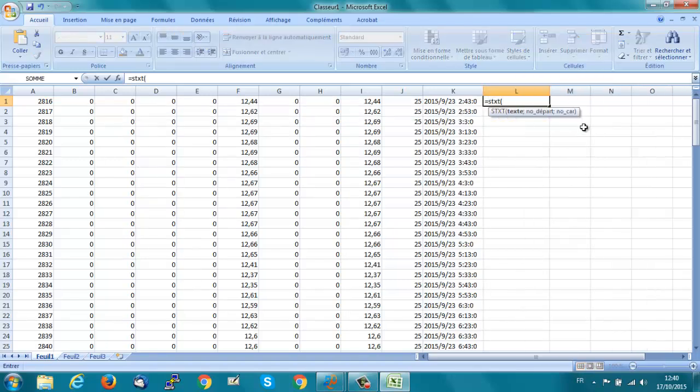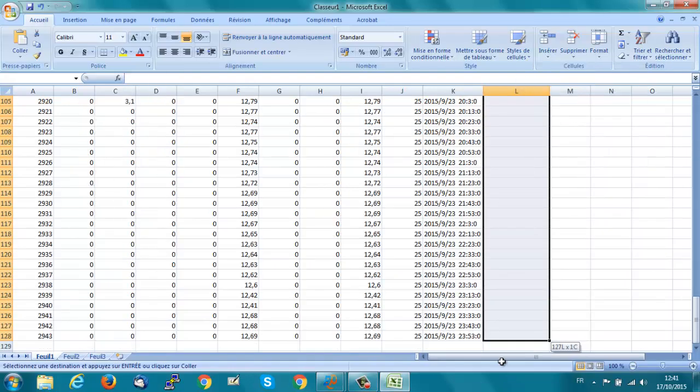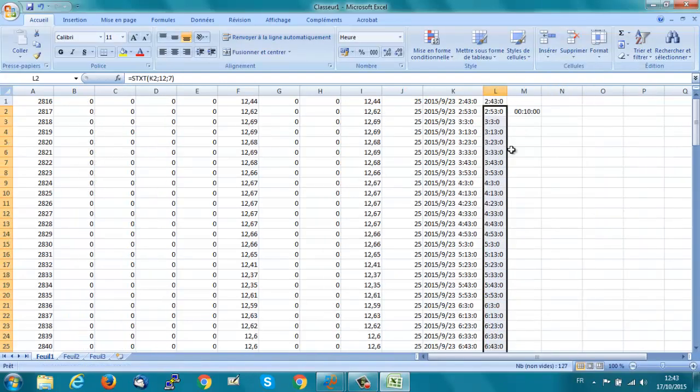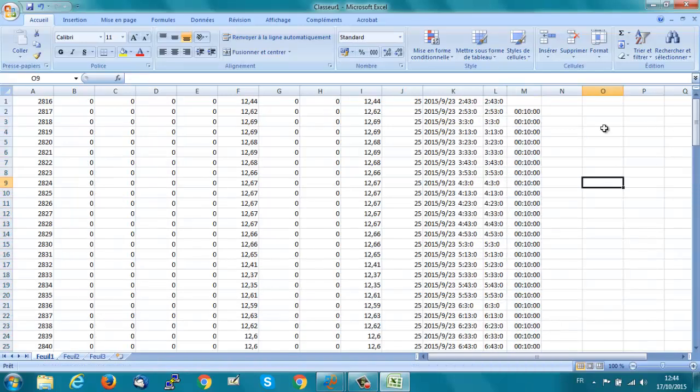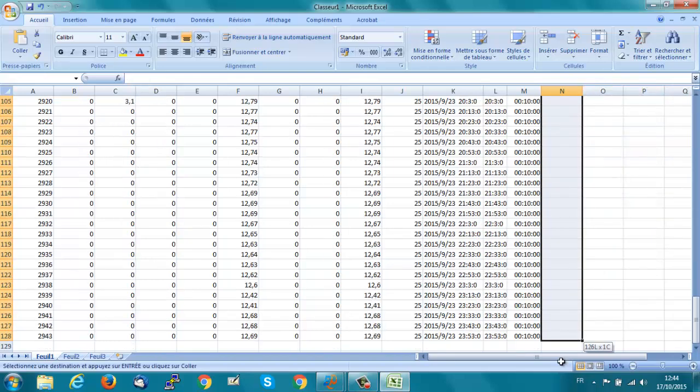I'm just getting the time now because I've got a French Excel and English data from the software. I need to do some changes on the date. I'm just getting the number of hours out of the timestamp.